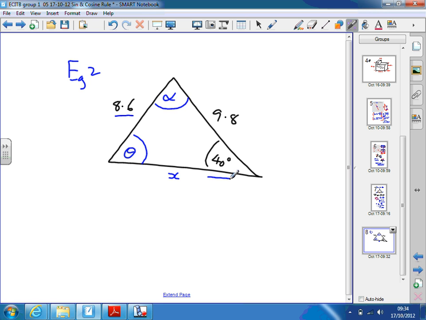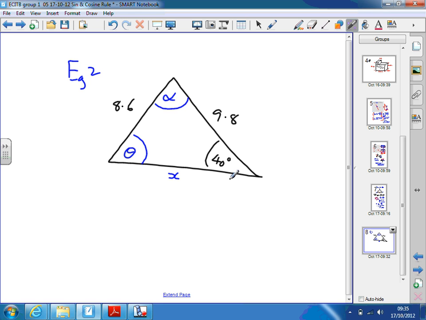So we want to find x and these missing angles. Well, what's the only thing that we can find at the moment? Theta, yeah, because we've got the 9.8, exactly right.